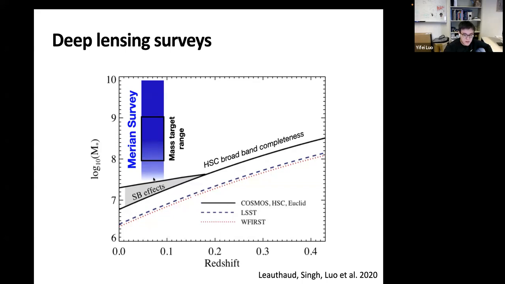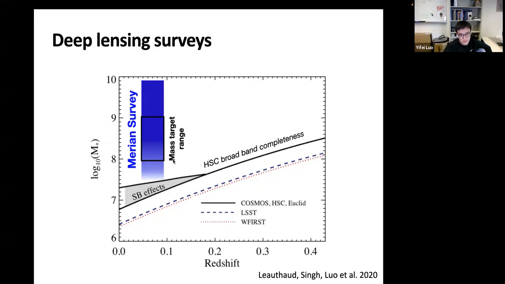The solid lines are from COSMOS, HSC, and Euclid, and the dashed lines are for LSST and WFIRST, the Roman telescope. So as you can see, there's basically a sweet spot below redshift, say, 0.2 for those dwarf galaxies. When I say dwarf galaxies, I mean low mass galaxies below 10 to the 9 solar masses.